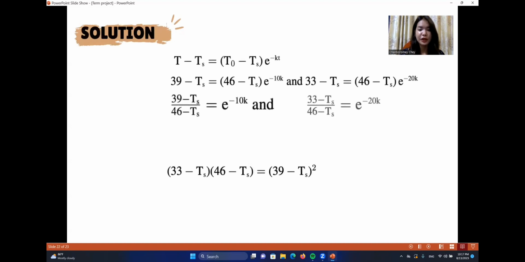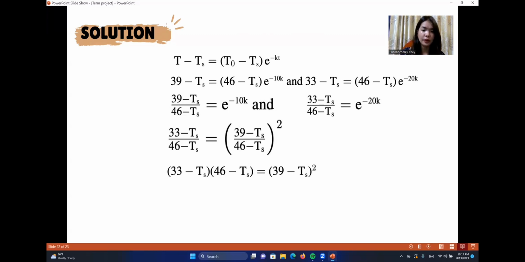Right, go first. For the solution, we know that T minus Ts equals T0 minus Ts times e to the power of negative kt. I think it's similar to our last example, the only difference is that one uses H and one uses T. And then we replace the values, and because they gave us two values of T, we get two equations.